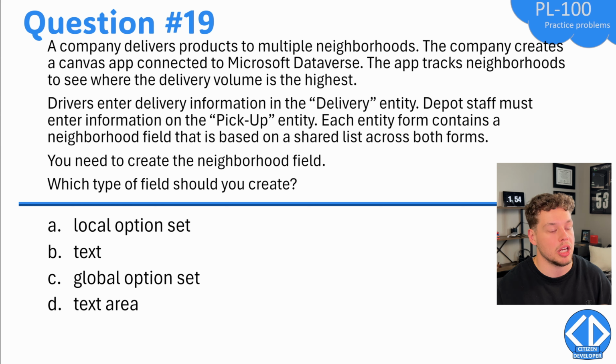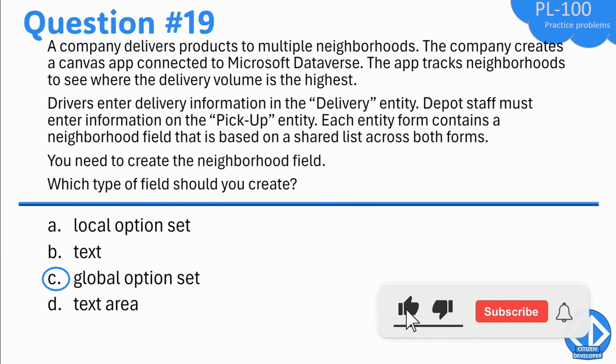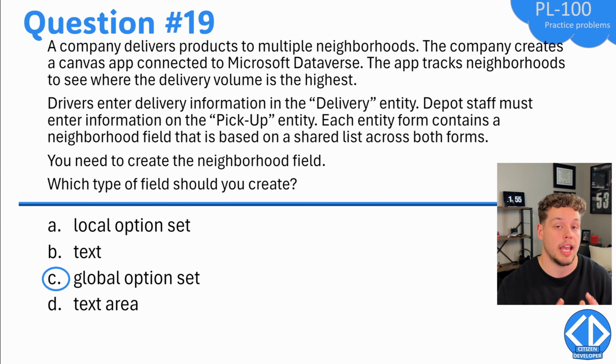And this is going to have to be a global option set, because this is going across multiple entities. Global option sets are something outside of tables where you can say, hey, these are the options. Then when you create a neighborhood field on your pickup entity, you can say, have this neighborhood field use this option set.